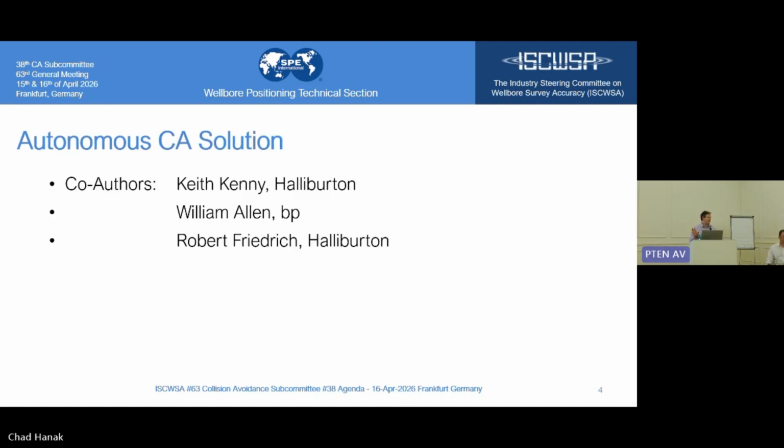We saved our one bit of time for Keith Kenny to give a presentation. He gave a presentation on their automated anti-collision monitoring system and how it's gathering data and disseminating the results and any warnings to people, which is quite interesting. Obviously, it was appropriate for collision avoidance, but it was also appropriate for these other systems that Phil showed for QCing, that you need to have good data going into these systems.